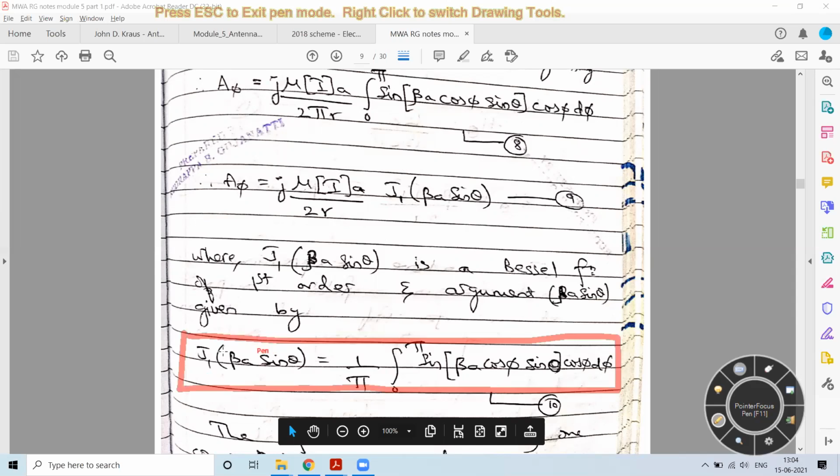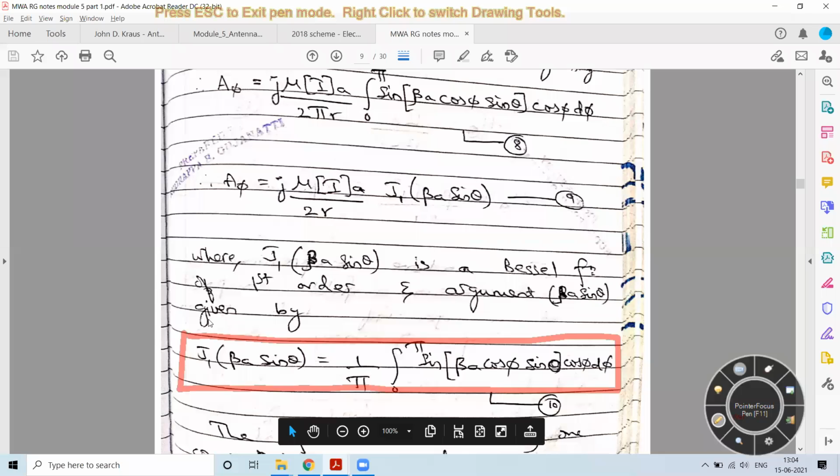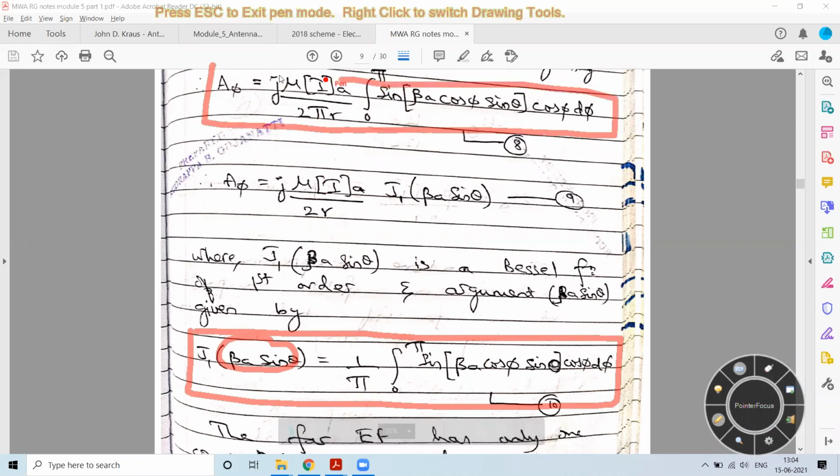And the parameters are given over here. The parameter is beta times a into sine theta, and J1 is given by this entire equation. So we make use of this equation and represent the vector retarded potential, which is A phi equal to j times mu into the retarded current I divided by 2 pi r, times the integration of this entire parameter.